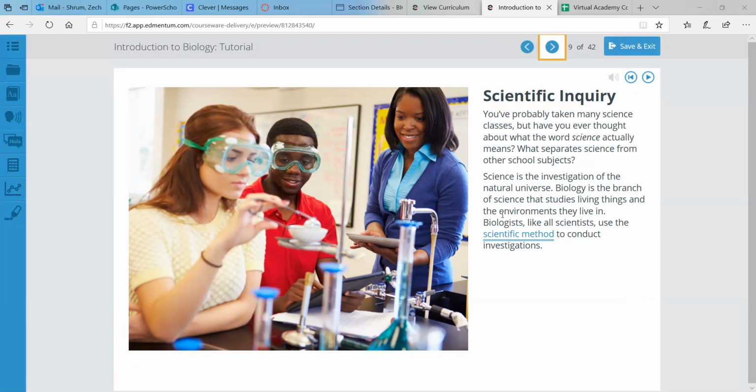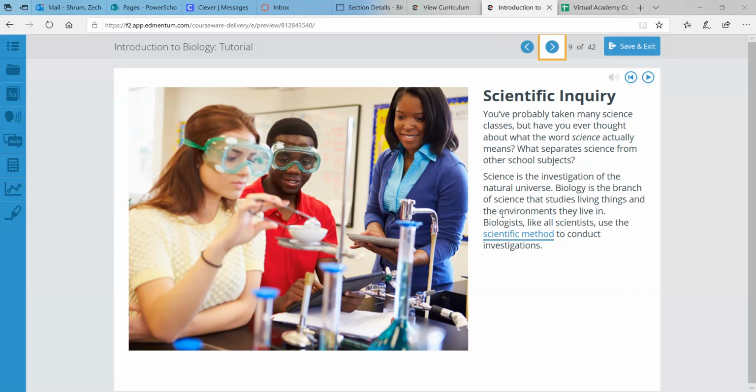And specifically, biology is the branch that studies living things and the environments they live in. Biologists, like all scientists, use the scientific method. And boy, scientists love this scientific method. It is like their bare bones, most essential tool that they will always use.